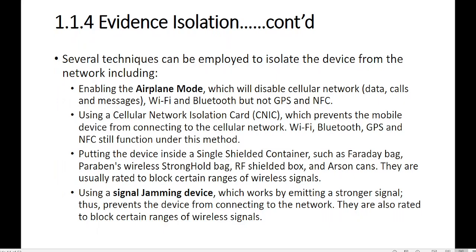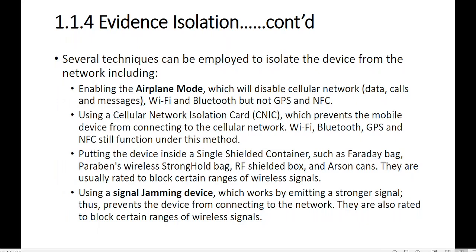We can also proceed isolating the evidence using signal jamming, or rather jamming the device, right? So you have a strong signal that interferes or prevents the device from accessing any kind of wireless network.